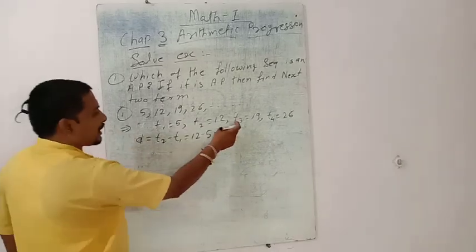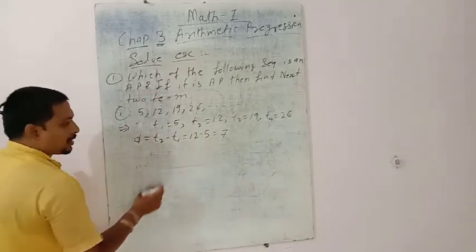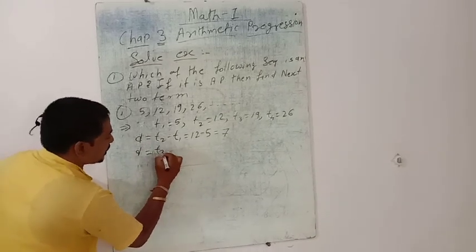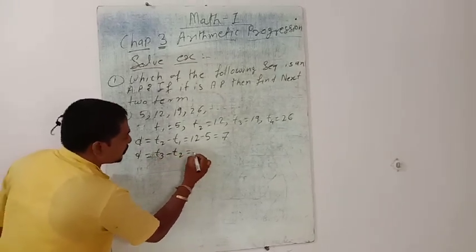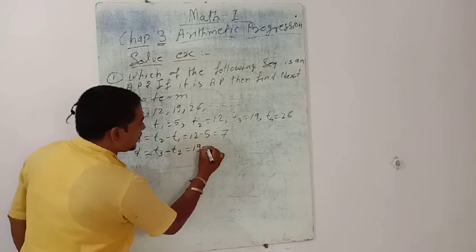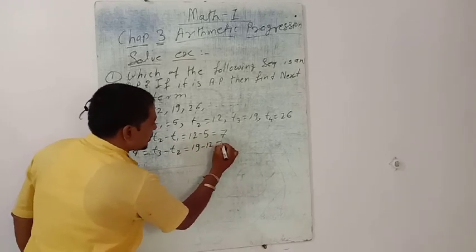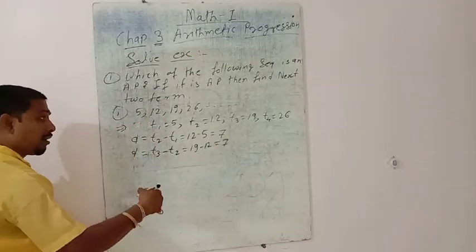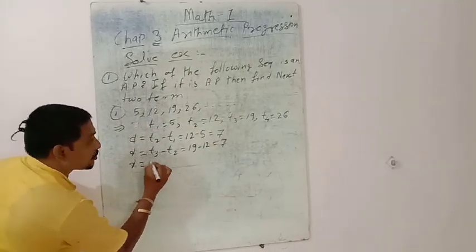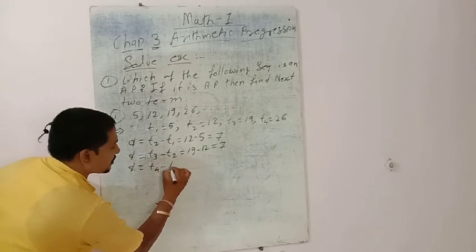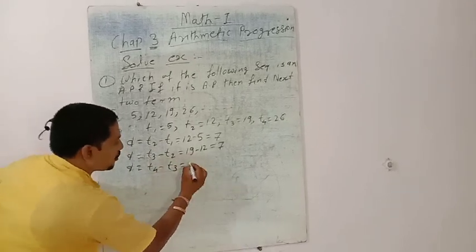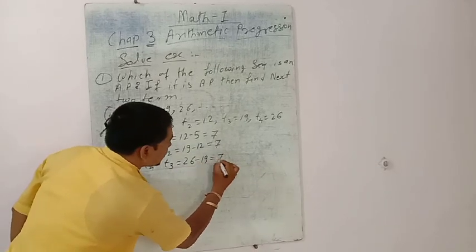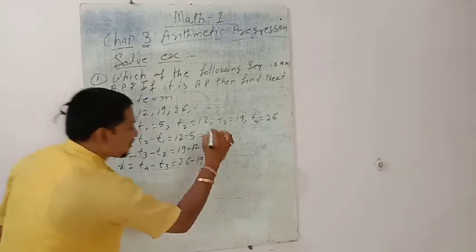Then d equals T3 minus T2, equals 19 minus 12, equals 7. Then d equals T4 minus T3, equals 26 minus 19. The answer is 7.